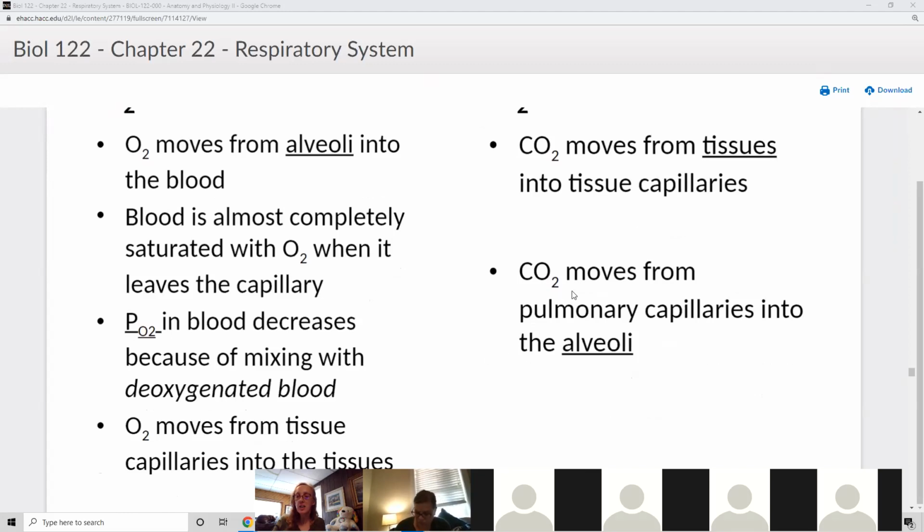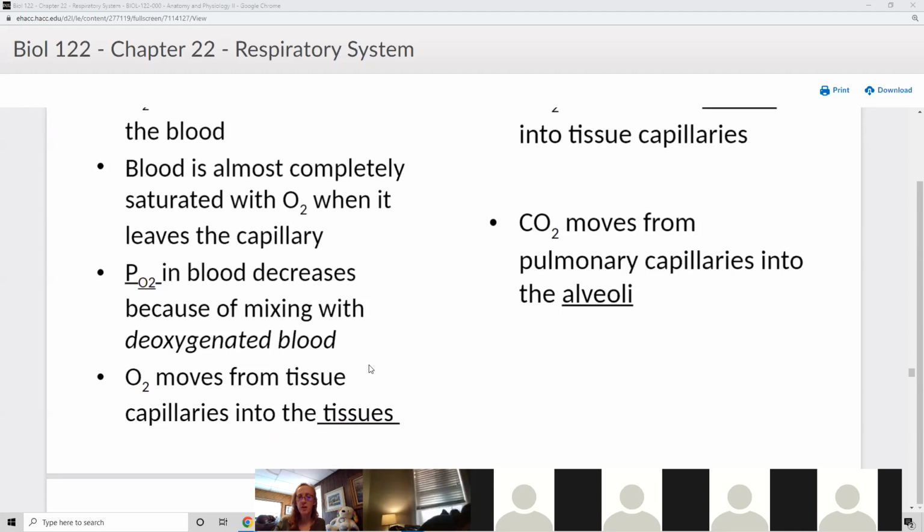Carbon dioxide is going to move from the pulmonary capillaries into the alveoli. The partial pressure of oxygen in the blood decreases because of the mixing with deoxygenated blood. And oxygen is going to move from the blood into the tissues.